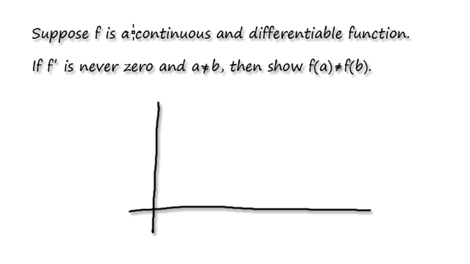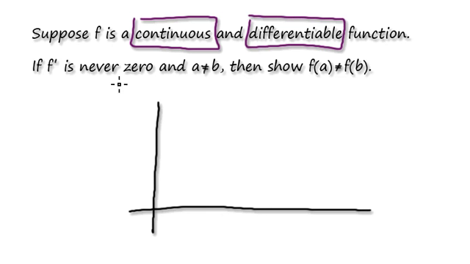So if you obey continuous and differentiable, and f prime never being zero, it's kind of obvious that f of a can never be equal to f of b.